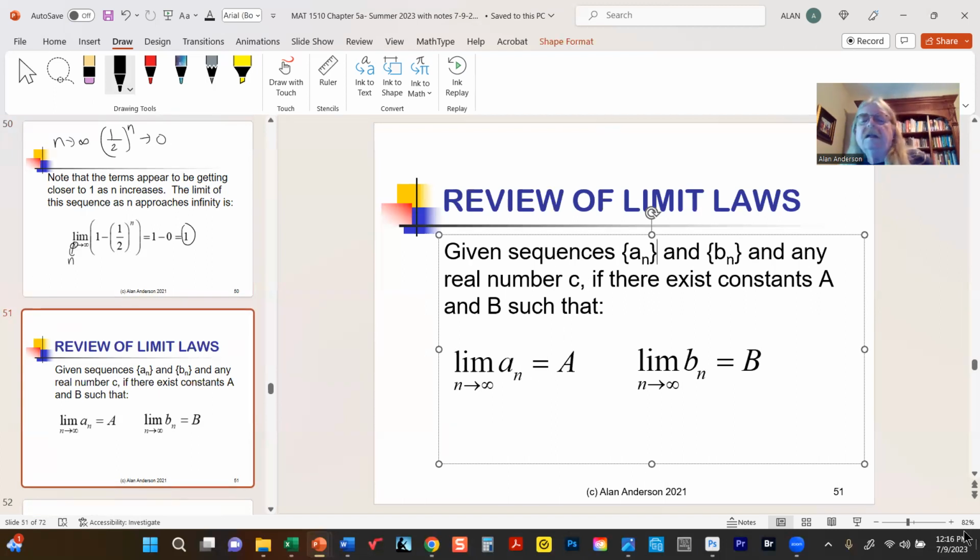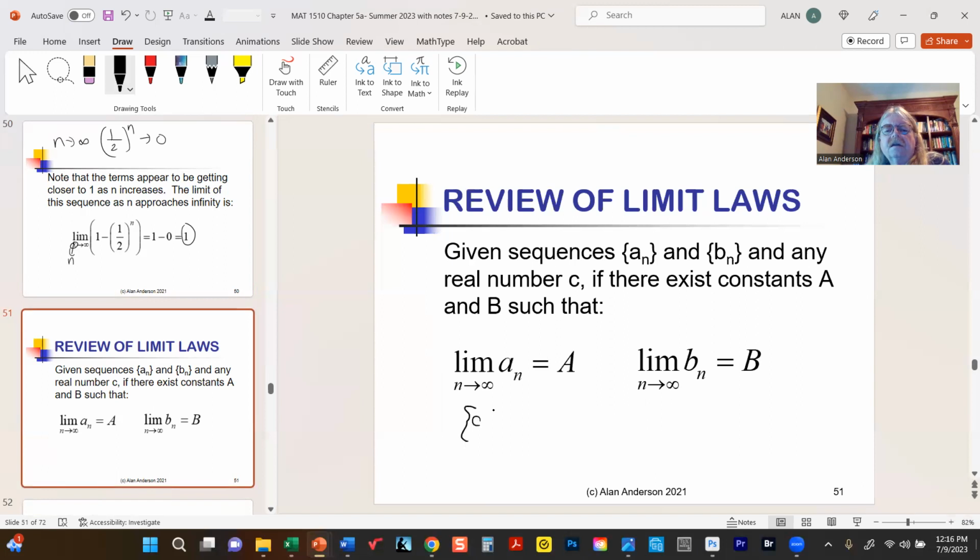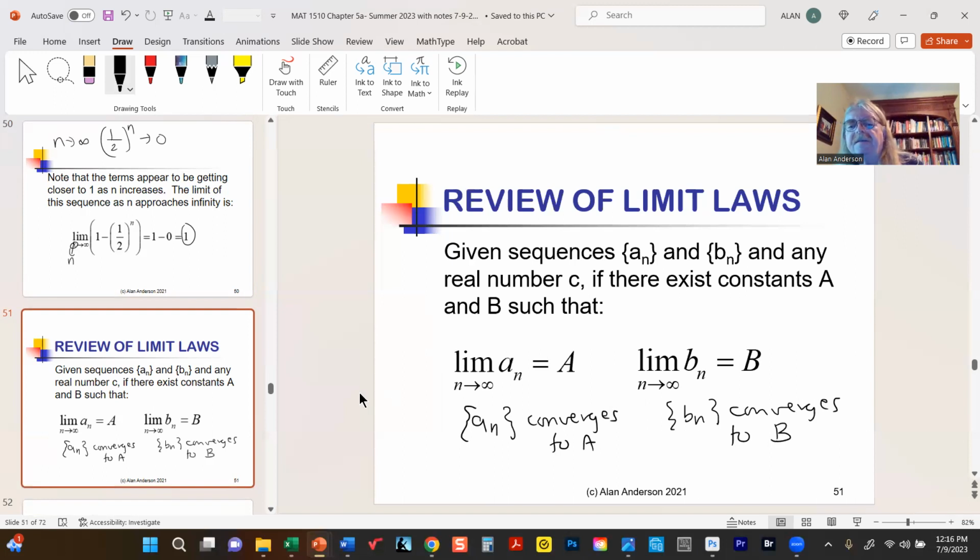By the way, what you're seeing here tells us that this converges to A, and this sequence converges to B. That's what those actually mean.